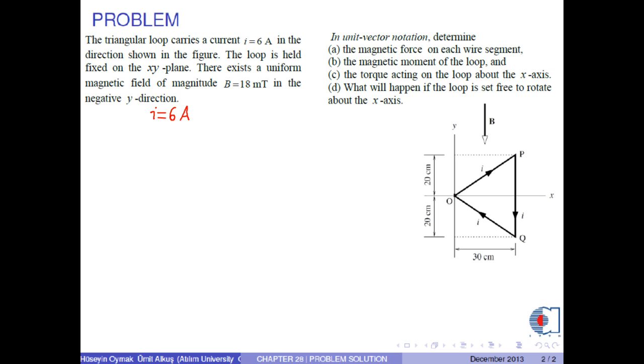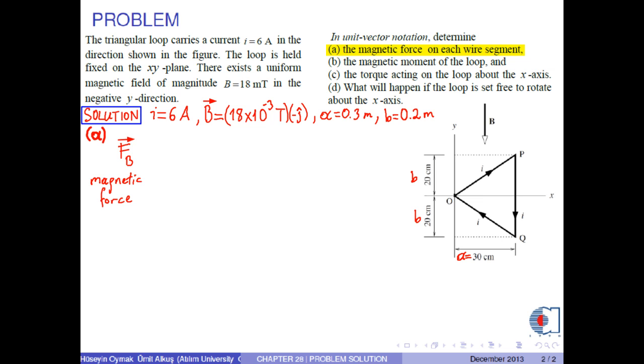There exists a uniform magnetic field of magnitude B equals 18 millitesla in the negative y direction. In the figure, the length on the x-axis is A equals 30 centimeters and the y component is B equals 20 centimeters. In unit vector notation, determine A, the magnetic force on each wire segment.